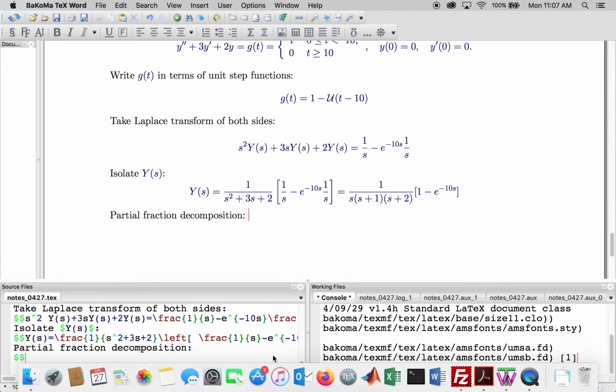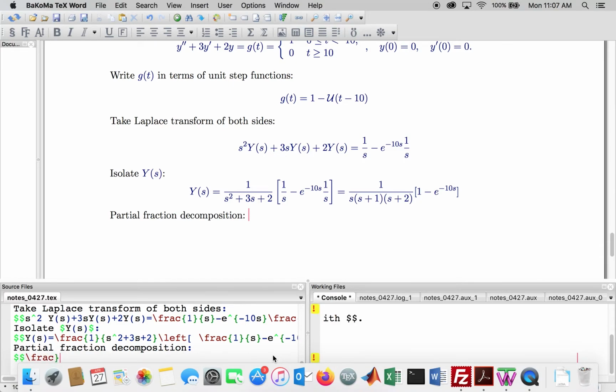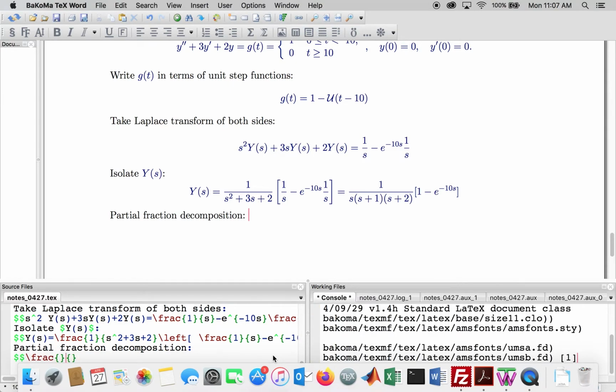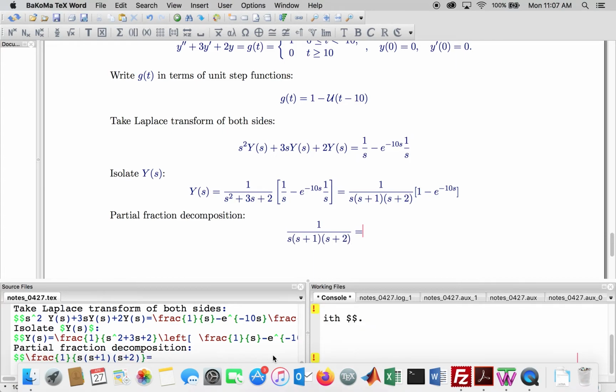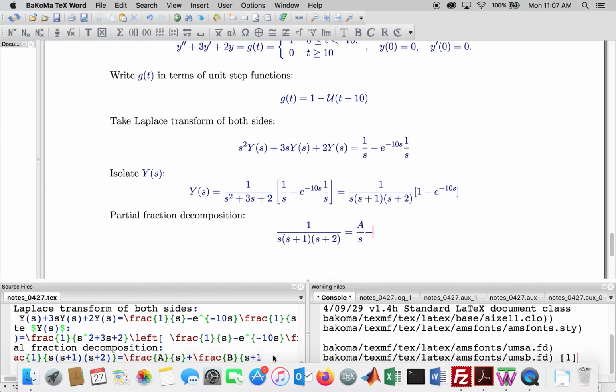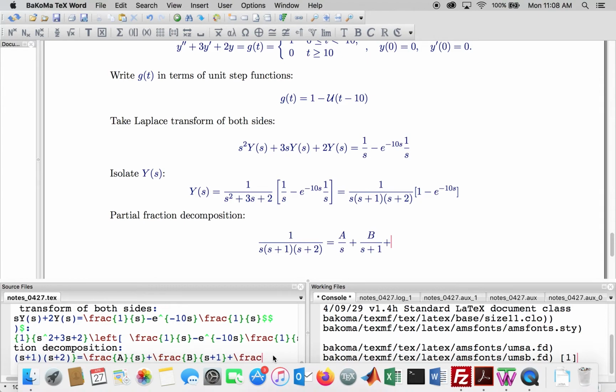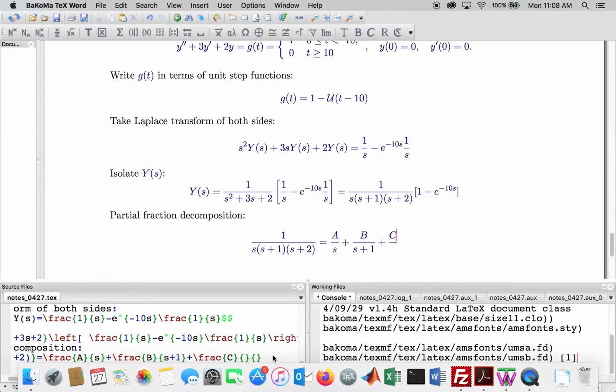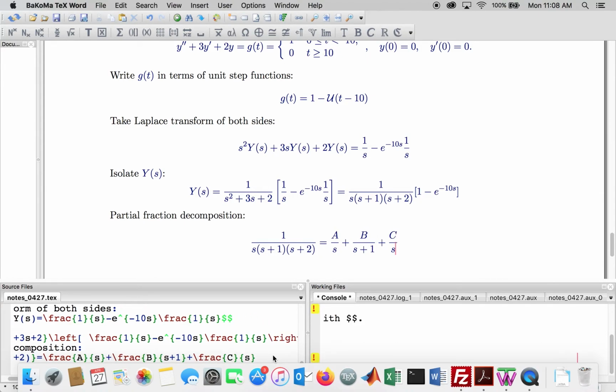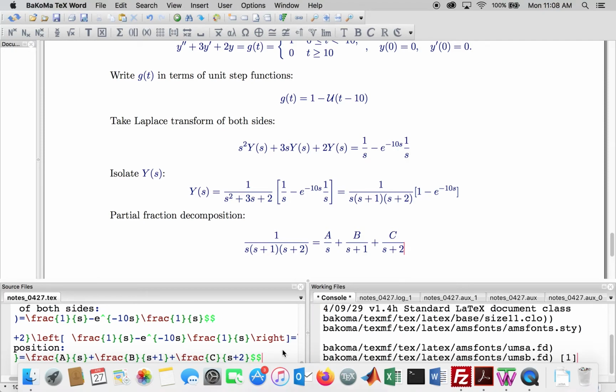All right, so what we have is 1 over s, s plus 1, s plus 2, and that's equal to a constant over s plus a constant over s plus 1 plus a constant over s plus 2. We have no irreducible quadratics in this example, just linear factors, so we only need constants in our numerators.